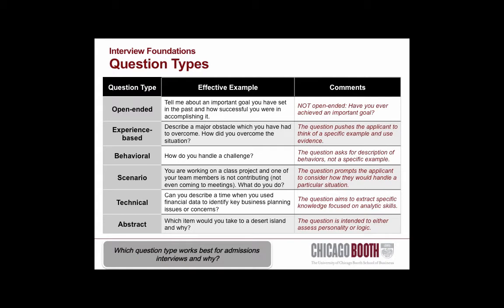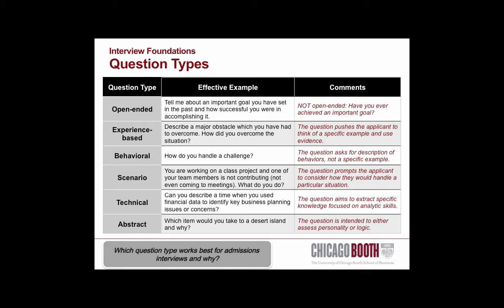In contrast, we have an experience-based question. There is a slight difference from the open-ended question. The reason for that is that the experience-based question tends to tie to a particular characteristic or skill or behavior that we're looking for in a potential applicant. So in the case of the Booth characteristics, one of them that we're looking at is resilience.